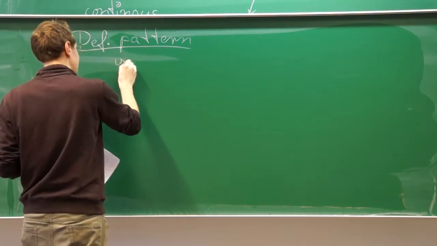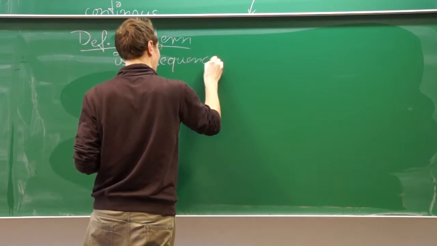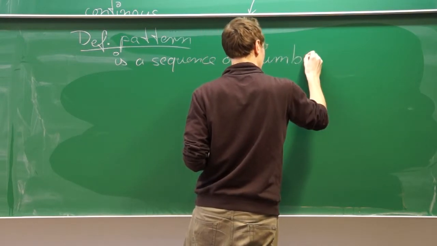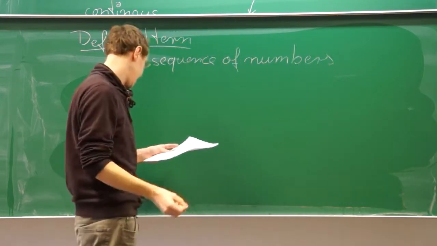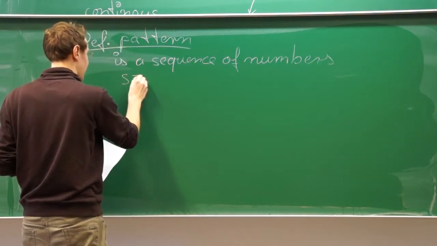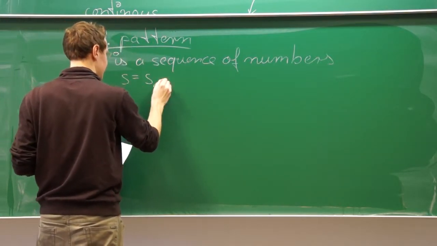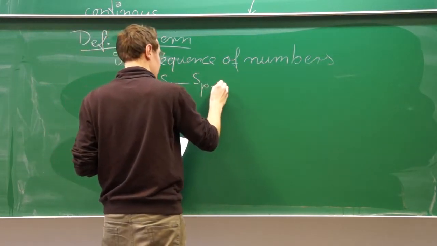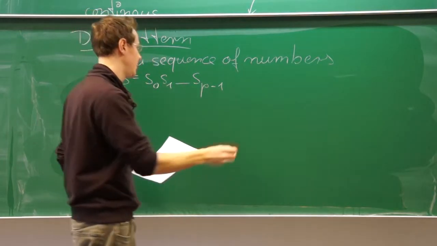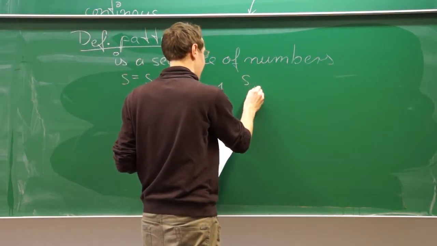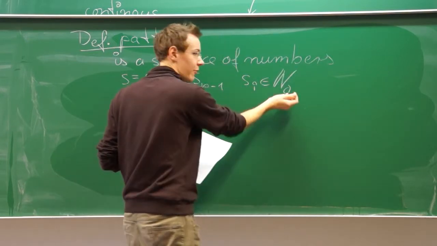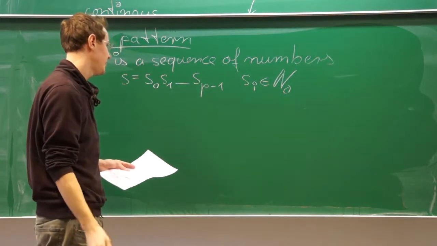And the pattern is a sequence of numbers, and I call it S. And those numbers, I count them from 0 to p minus 1. And I say that every digit is out of the set which I already showed you, the natural numbers.